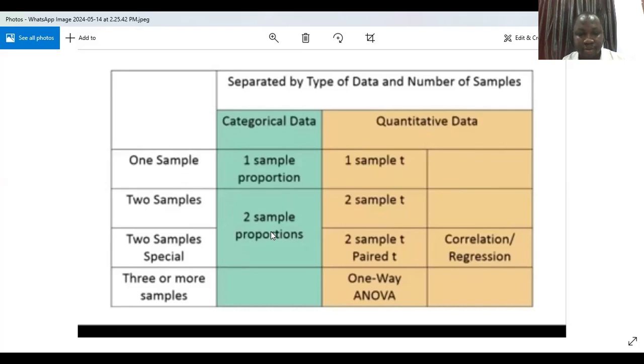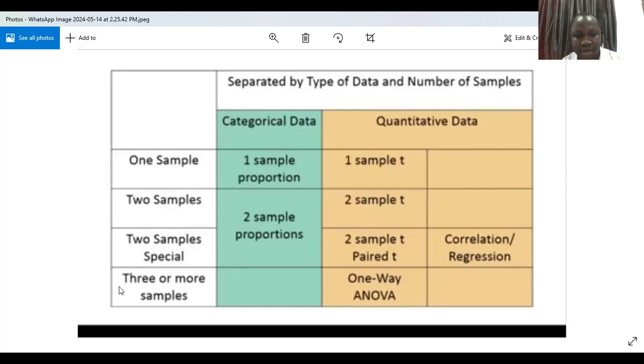So two same proportions, that's two samples. Are you following? You can see that two samples special is the two sample paired t-test, which I just finished explaining.